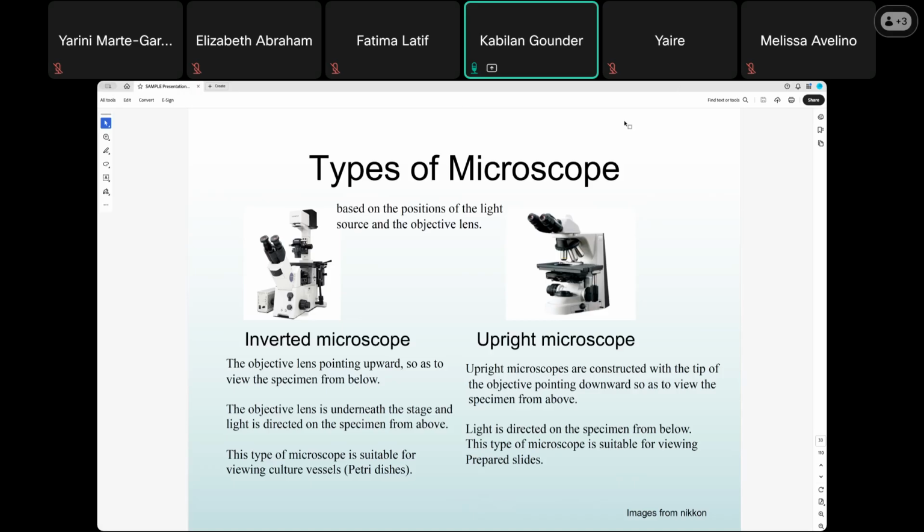So when you look at this, this is the stage, and the objective lens is below the stage, pointed upwards so as to view the specimen from below. Whereas upright microscopes are constructed with the tip of the objective pointing downwards so as to view the specimen from above. When you look at this, this is the objective lens, and you can see the samples here.